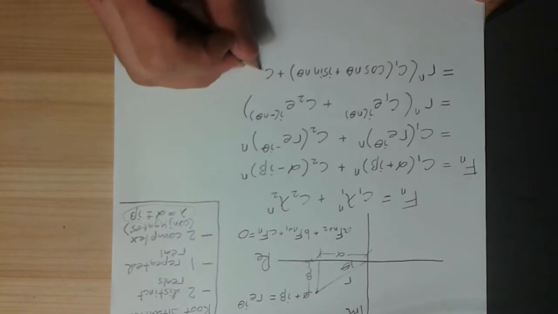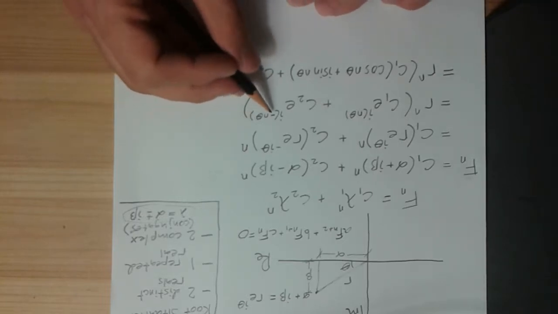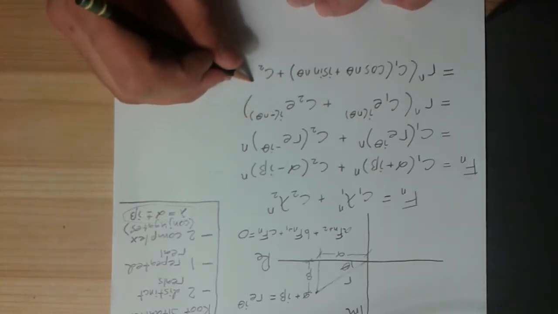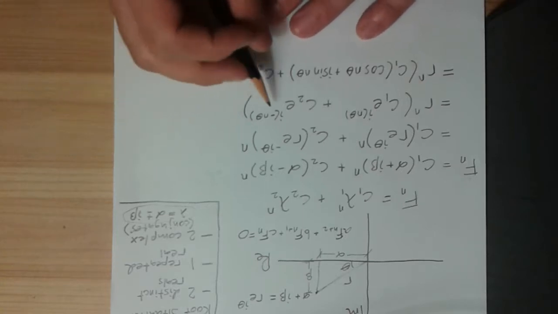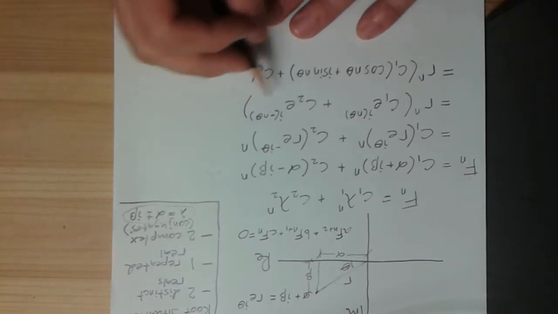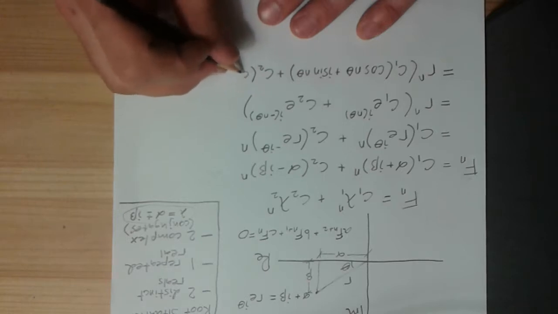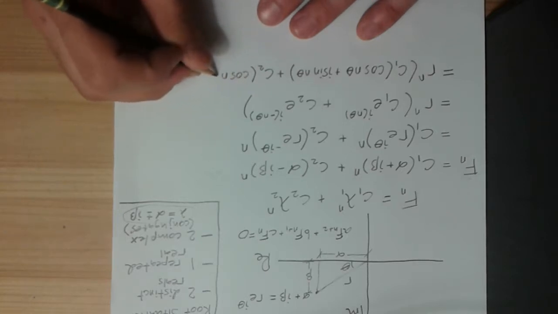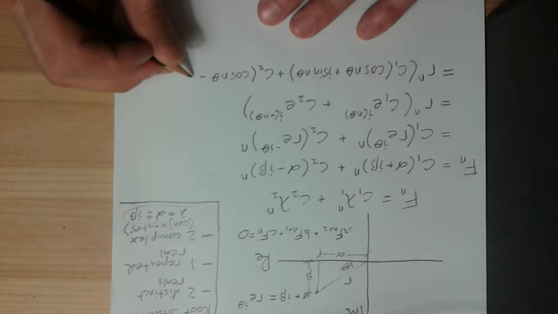And then over here, instead of theta, I have negative n theta, and I can keep using that same trick. If I put negative n theta in for cosine, it's still a regular cosine. I can just get rid of that negative sign, and then the sine one gets swapped.